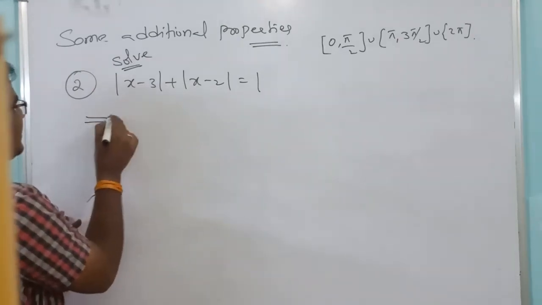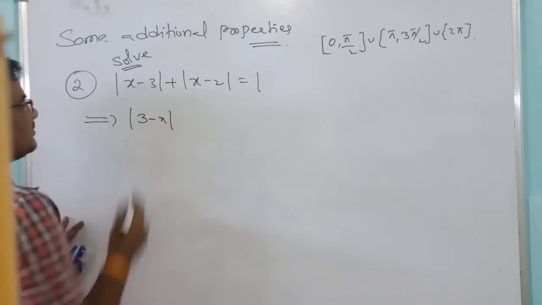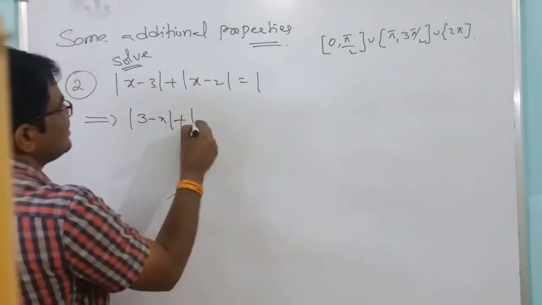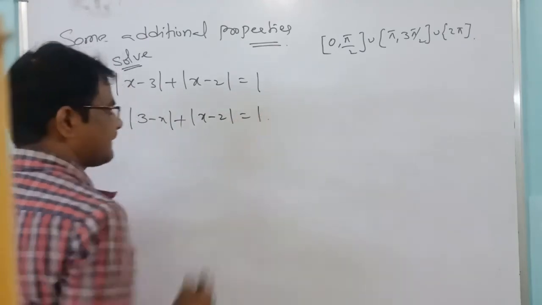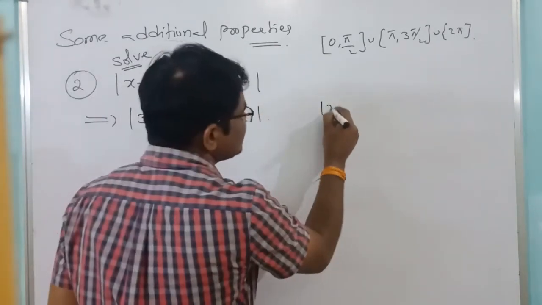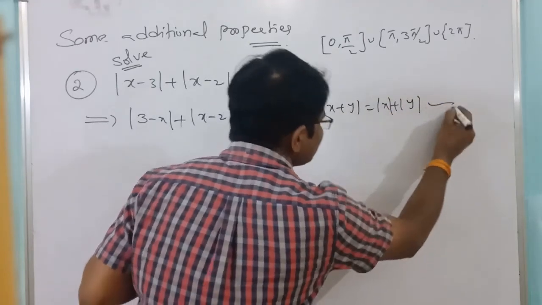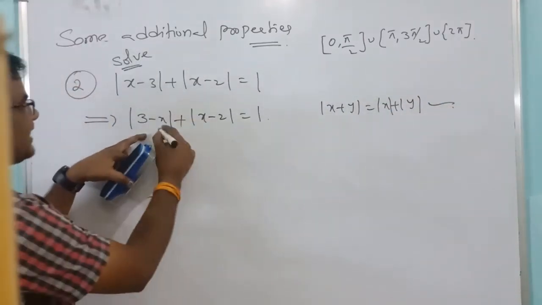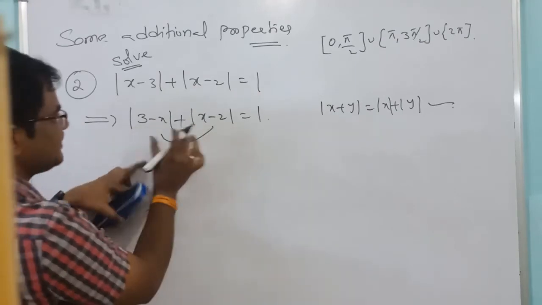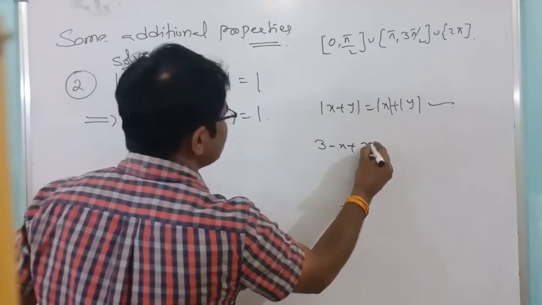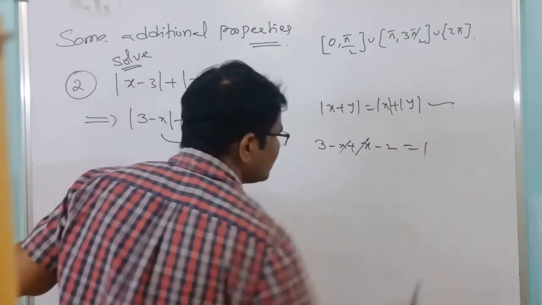So this one I will write as |3 − x|, because the modulus of minus x is the same, plus |x − 2| = 1. Observe what our condition is, |x + y| = |x| + |y|, satisfying or not. Add these two, treat this as x and this as y, because it is in the form of |x| + |y|. Meaning 3 − x plus x − 2, the x cancels, that is equal to 1.